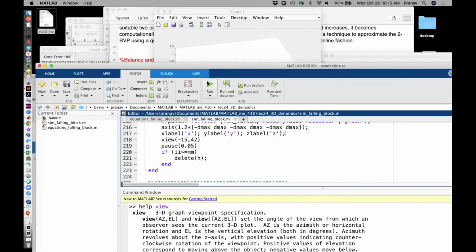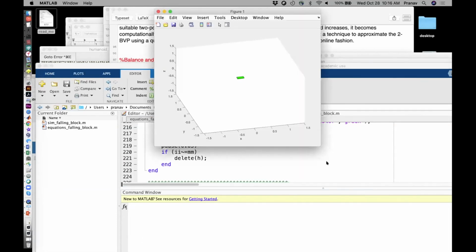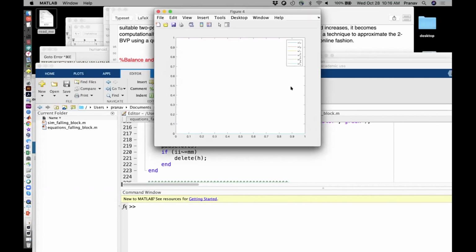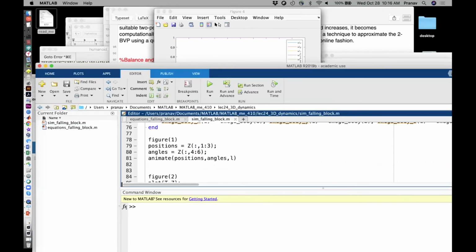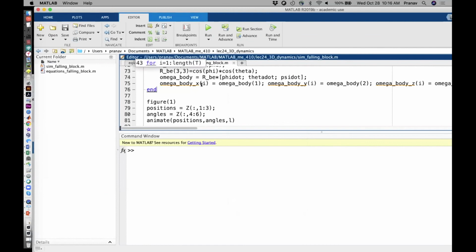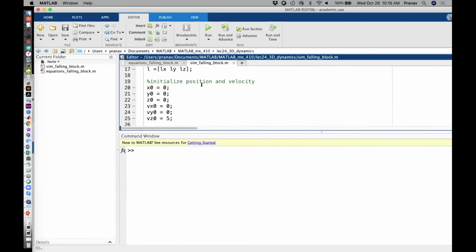Let's run this. See, there it is. And then in these plots many of these things are zero, so you don't see many variations here. But we can now play with this a little bit. We'll change everything.